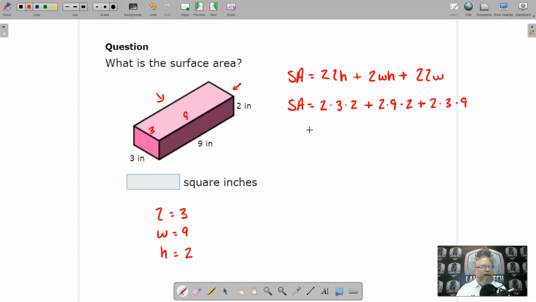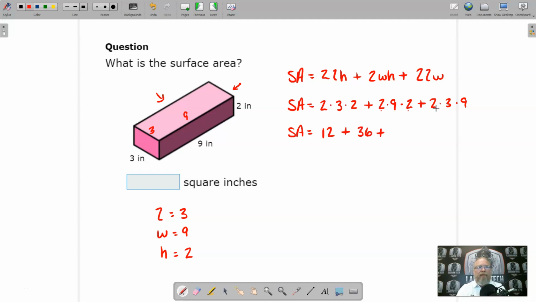We covered everything here. So surface area will equal, in this case, let's do all of our multiplication first, and then our addition to deal with the orders of operation. So 2 times 2 is 4, times 3 is 12. We're going to add that to 2 times 2 is 4, times 9 is what, 36.